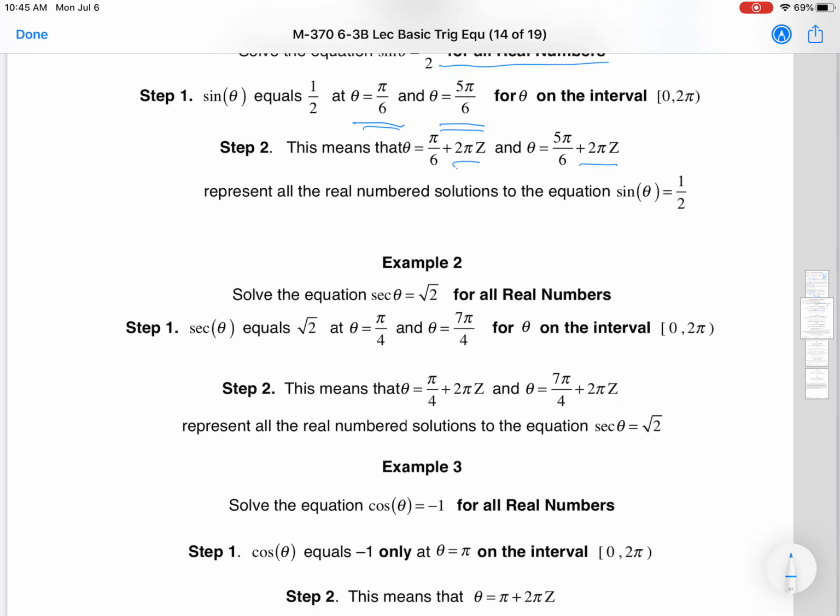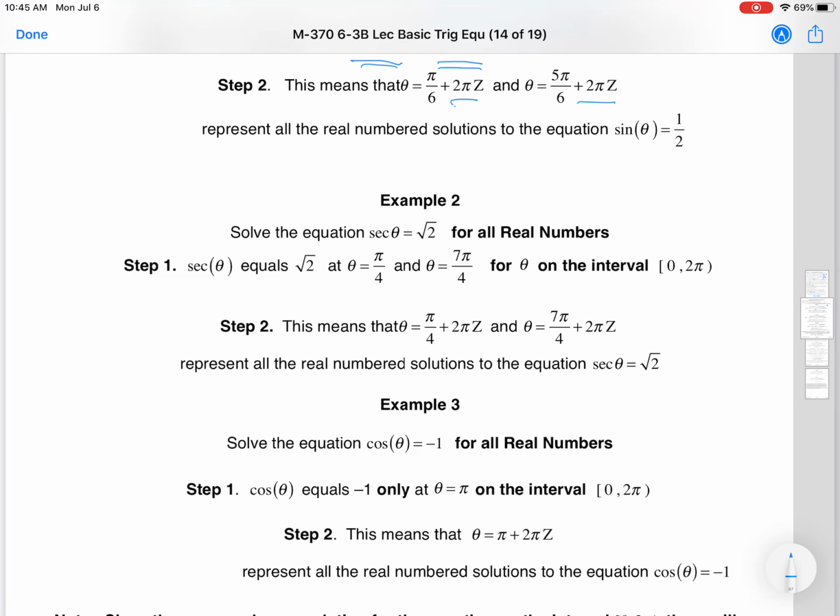So if we come down here to secant theta equals √2, secant theta is the flip of cosine. And we know that secant theta being √2 is going to be at a pi over 4 reference angle. Secant theta is related to cosine, so that's going to be a first and fourth quadrant angle.